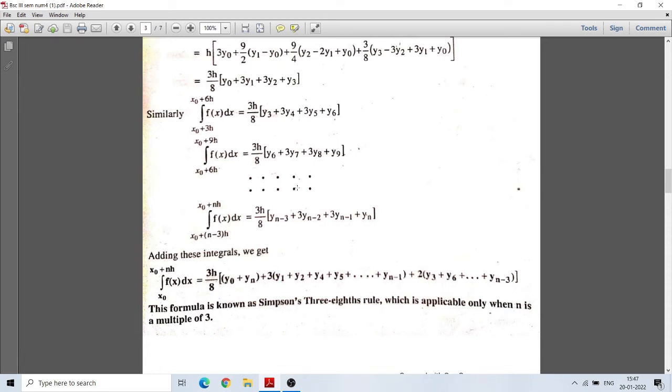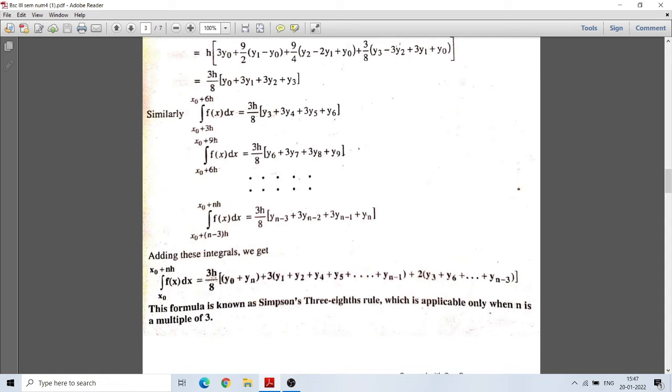Then next plus this term, 3h by 8, y6 plus 3y7 plus 3y8 plus y9. The general term is like this, 3h by 8, yn minus 3 plus 3yn minus 2, 3yn minus 1, yn. So each term contains 3h by 8, and we took 3h by 8 as the common factor.